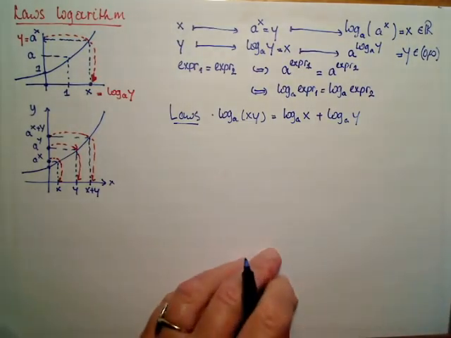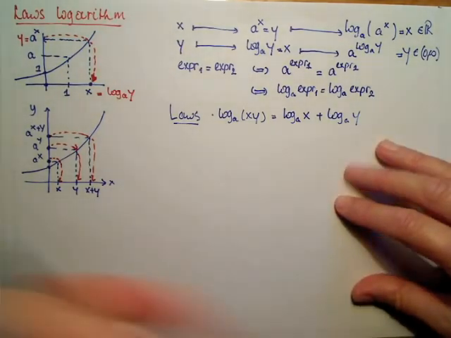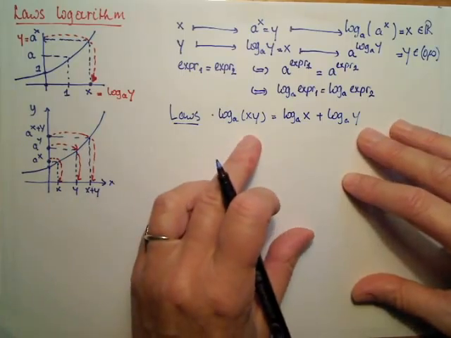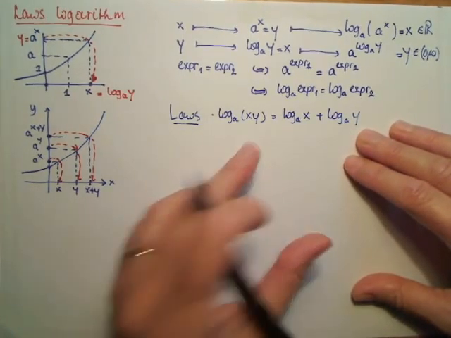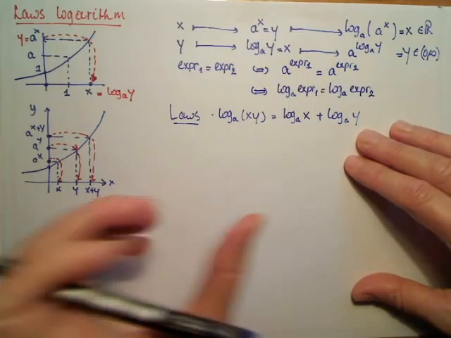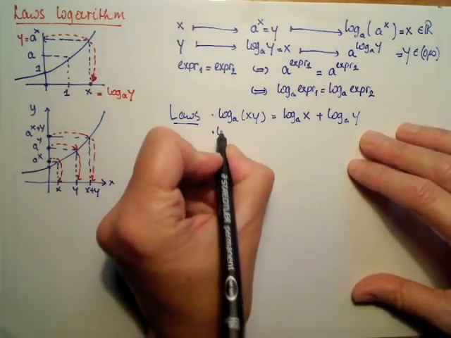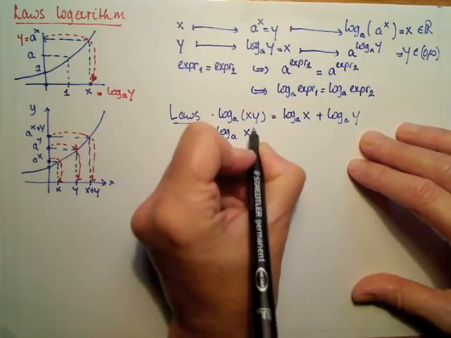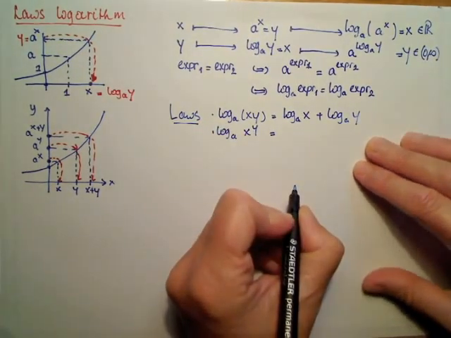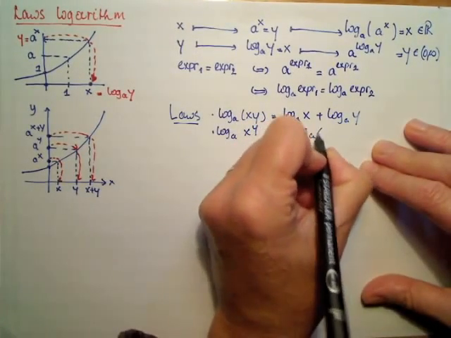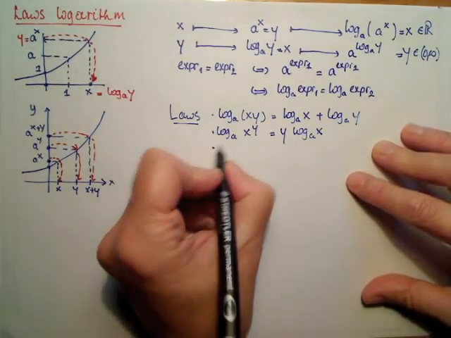Now, logarithm turns products into sums, and taking exponents gives us that the sum is turned into a product. Now the second law tells us that if we calculate the logarithm of x to the power y, we can take the power in front. I will tell you something about that in a minute.